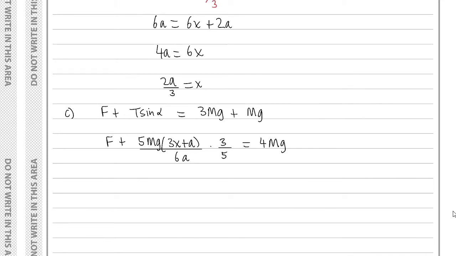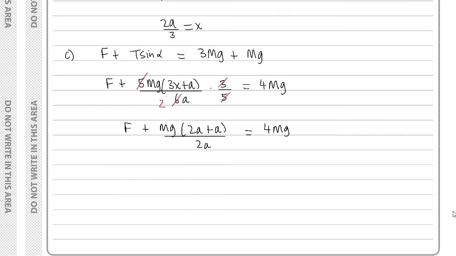Now we will start by looking at simplifications, the 5 with the 5, the 6 with the 3. We also know from before that 3x is 2a. So this is F plus mg 2a plus a over 2a is equal to 4 mg.